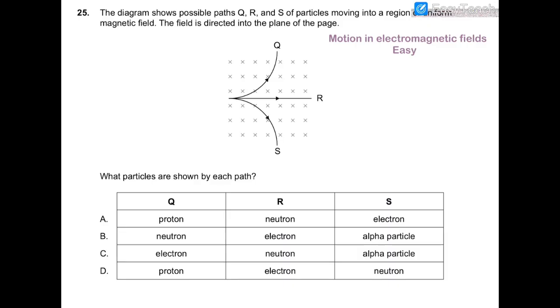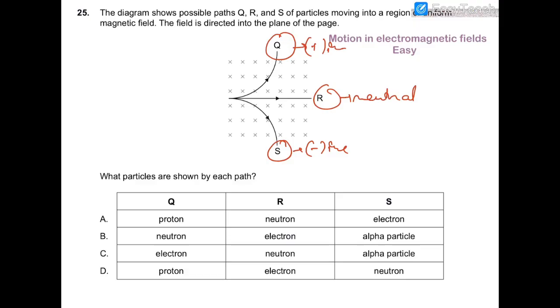So we know that first of all, if we have projected all of them in this direction, and if we analyze the direction of force by using Fleming's left hand rule, then we can say that this charge Q will be the positive one, this charge S will be the negative one, and this R will be neutral because it has passed undeflected.